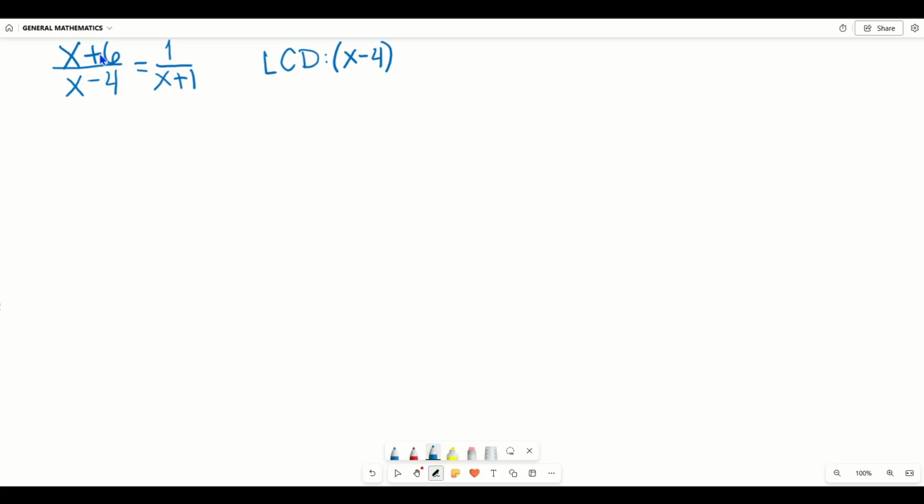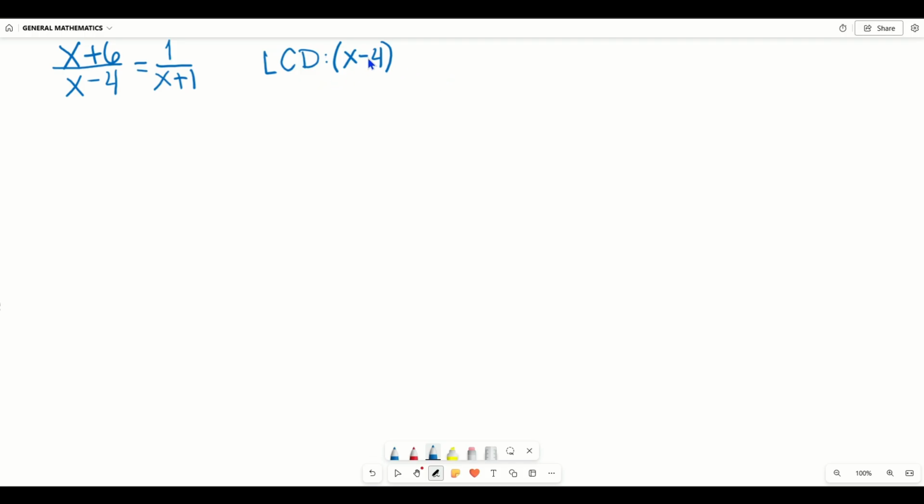In this case, there is only one term on the left-hand side and one term on the right-hand side. So we proceed with the right-hand side, and again identify the factors in the denominator. For this one, the denominator is x plus 1. Then check your list: do you already have x plus 1 here?